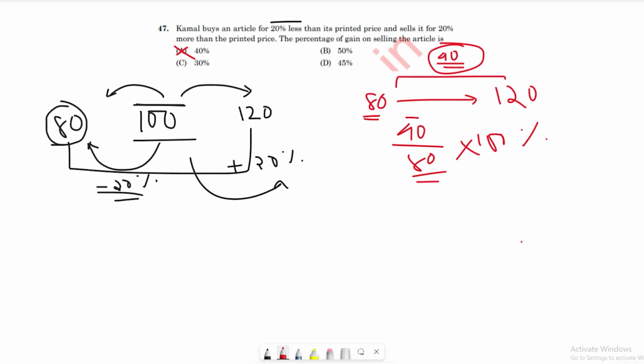Understood? So this will be our actual equation. Let's cancel out the 0s. 4 1s are 4, 4 2s are 8. Half into 100%. It's nothing but 50%. So he actually made a 50% profit, right?